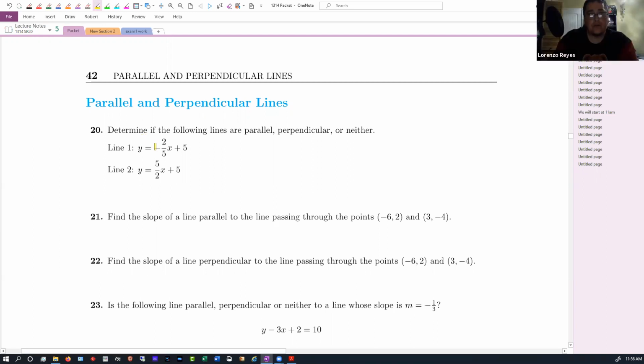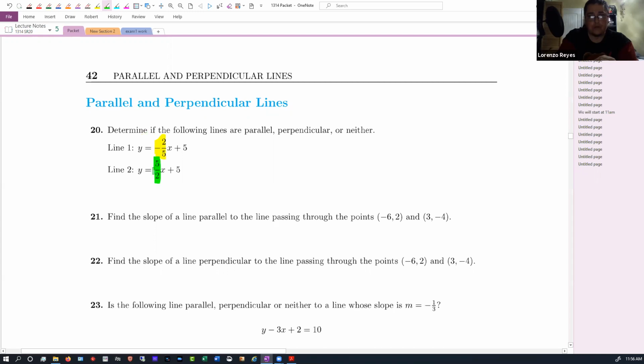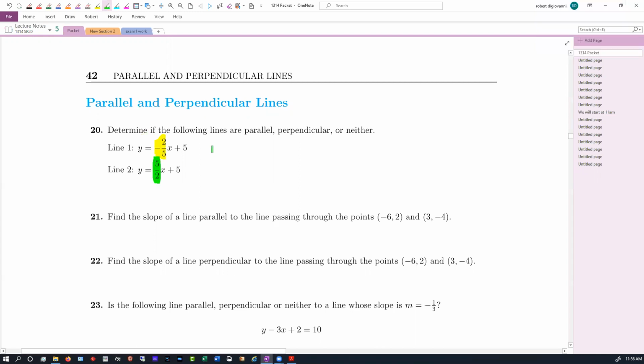It's -2/5. And the slope of line 2? It's 5/2. Are those equal? No, so they are not parallel. We know that much. They might be perpendicular, but I haven't talked about perpendicular yet. But they're definitely not parallel.